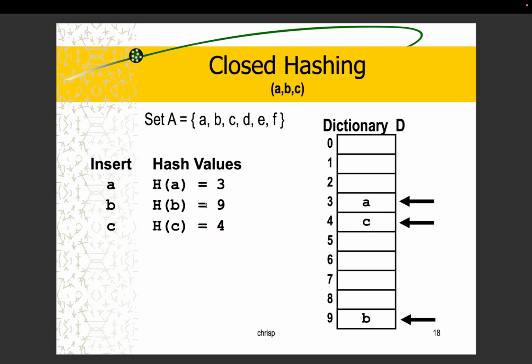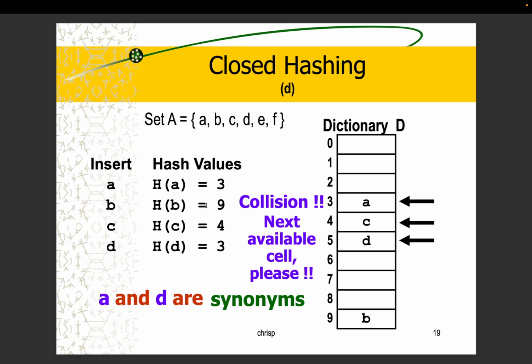Very easy, very straightforward. Now the problem comes when you try to hash a value that already exists. For example, insert the letter D. Hash of D is also index 3. So what happens when you check index 3?